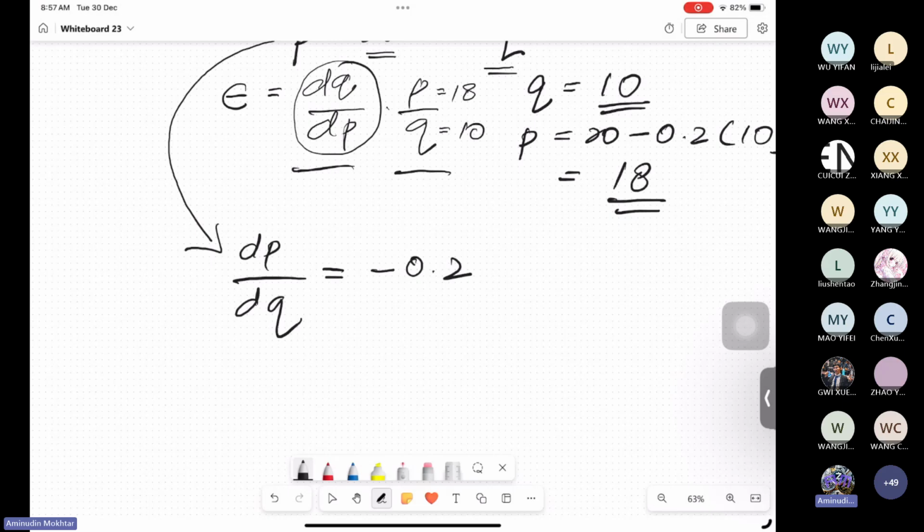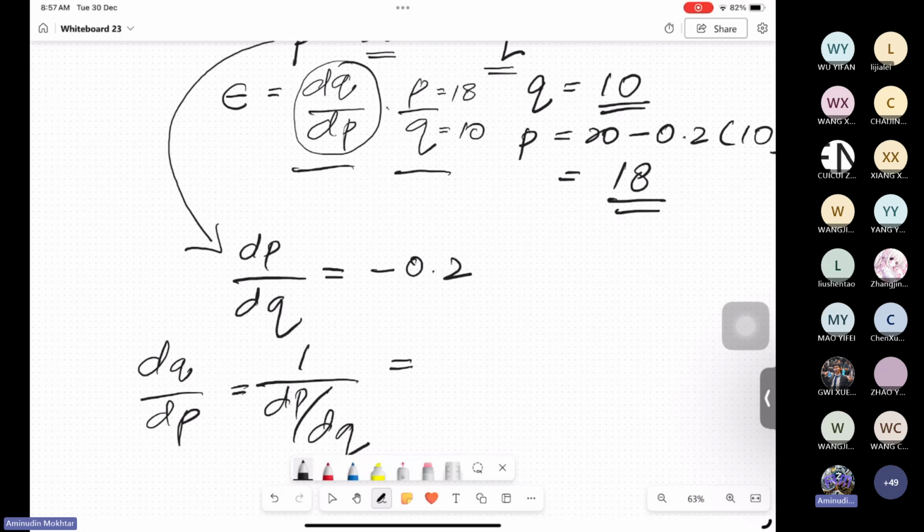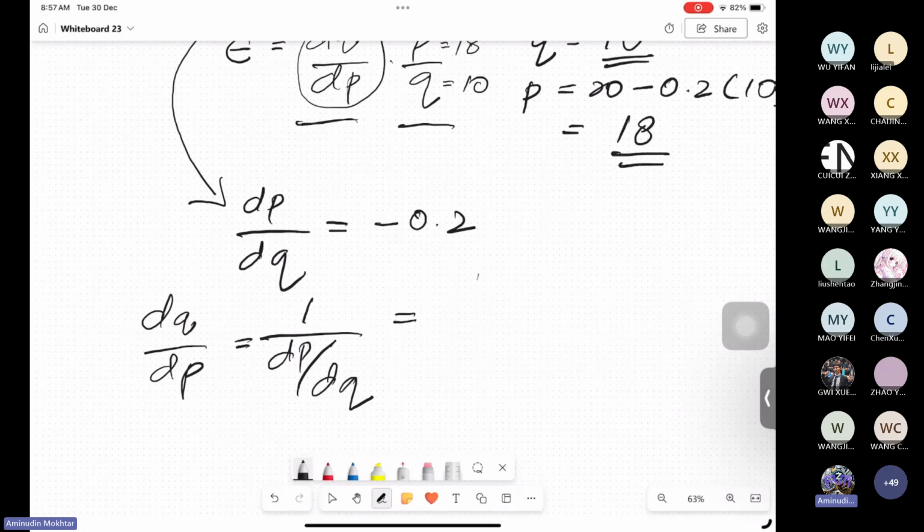In other words, dQ/dP equals 1 over dP/dQ. Based on this example, dP/dQ is negative 0.2. So therefore, dQ/dP is 1 over negative 0.2.